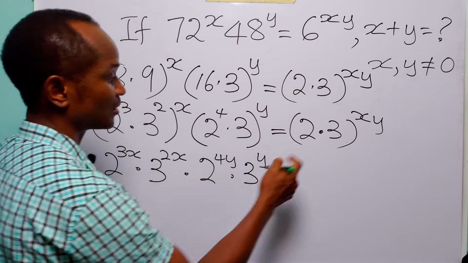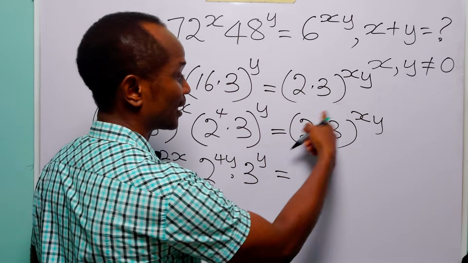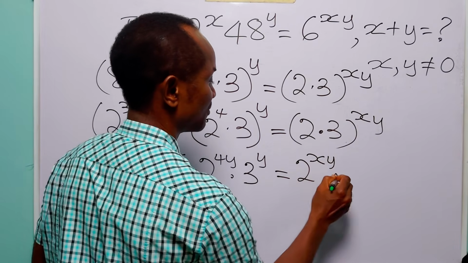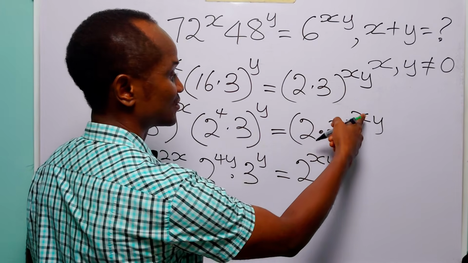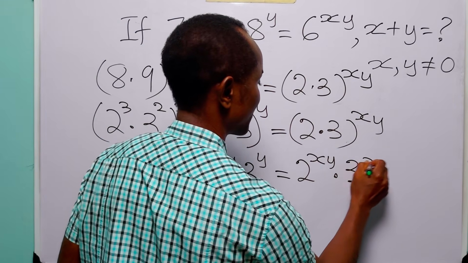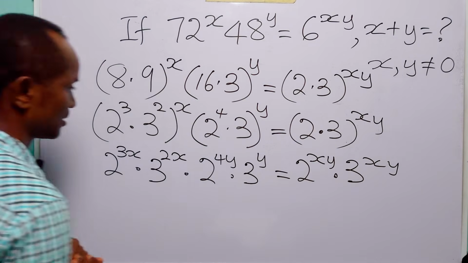And this is equal to 2 to the power 1 times xy, that is 2 to the power xy, multiplied by 3 to the power 1 times xy, that is 3 to the power xy.